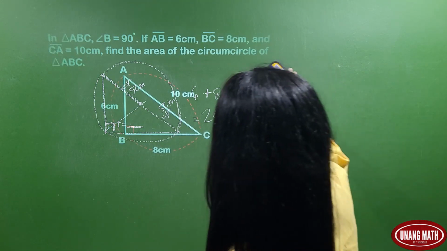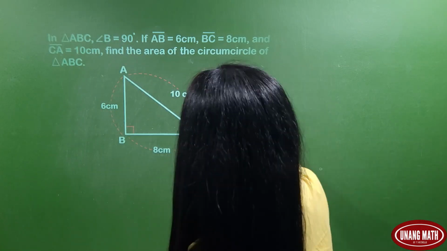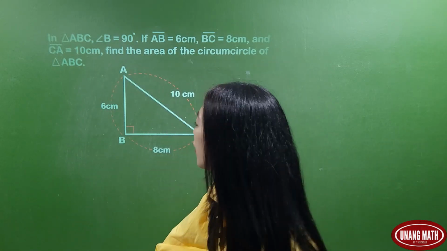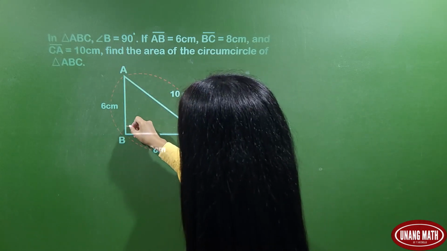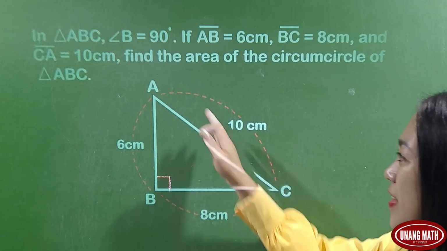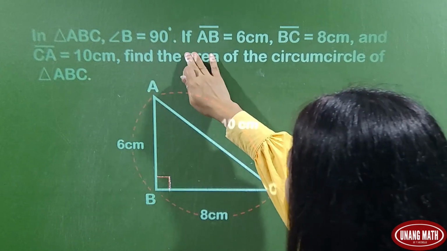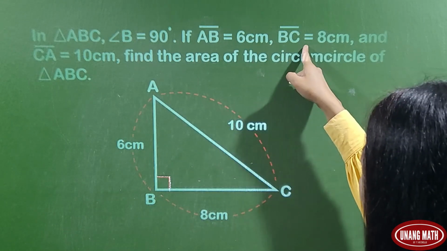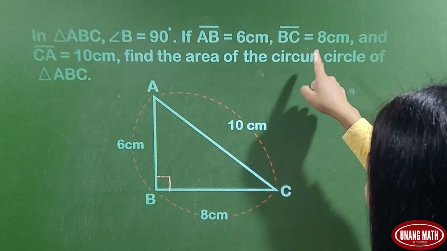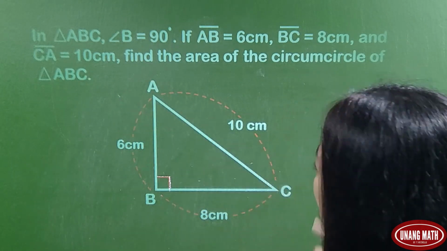Now, let's answer this simple question. In triangle ABC, angle B is 90 degrees. So we have here a right angle, so this is a right triangle. Segment AB is 6 centimeters, segment BC is 8 centimeters, and segment CA is 10 centimeters.